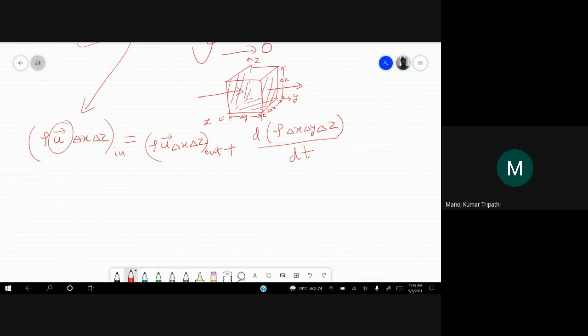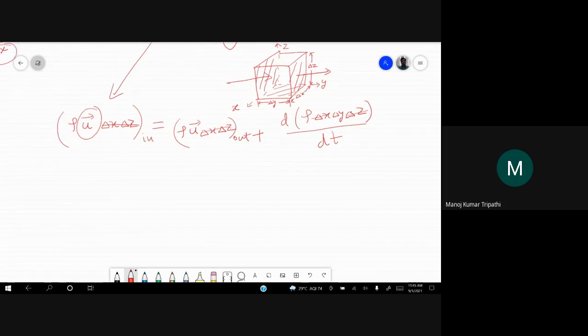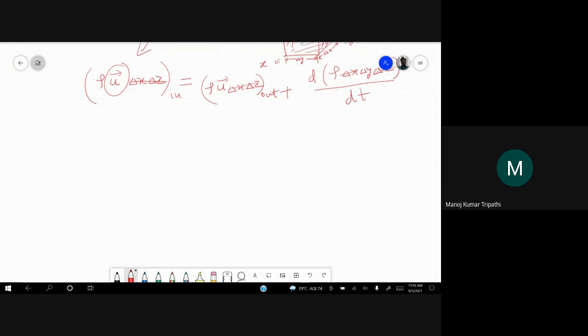We can cancel out delta x delta z from both the sides. Okay, and we can take delta y to the left hand side, we can divide throughout by delta y, so this becomes rho u in minus rho u out by delta y equal to d rho by dt.